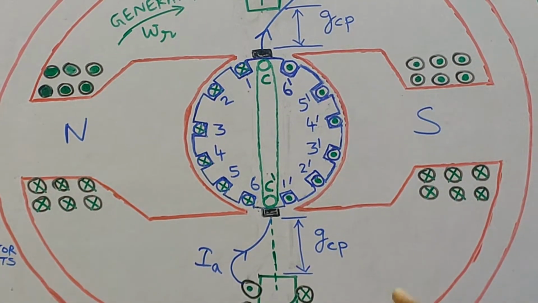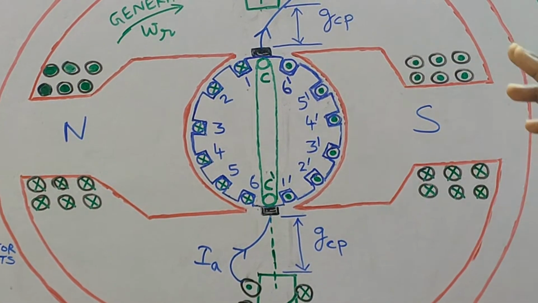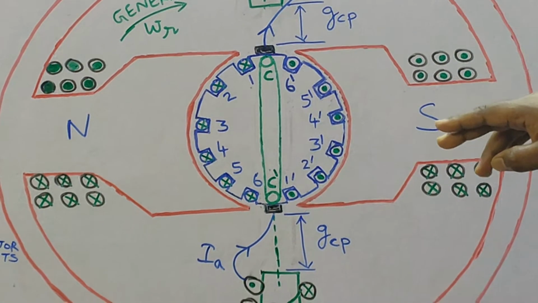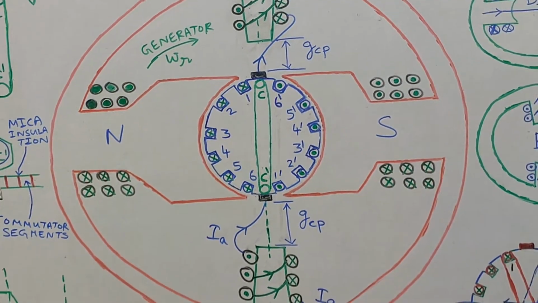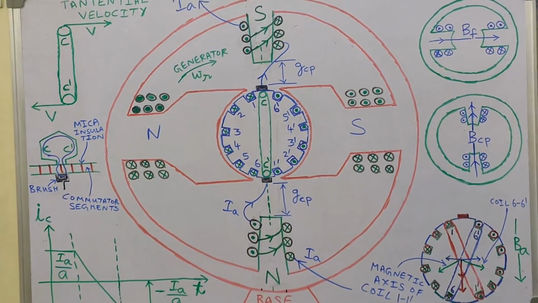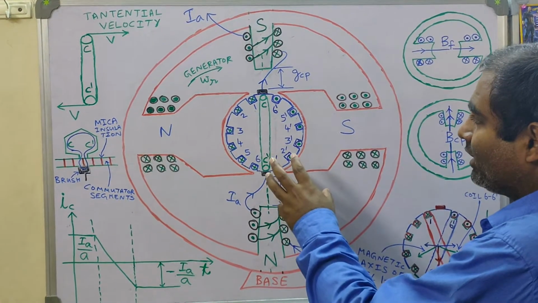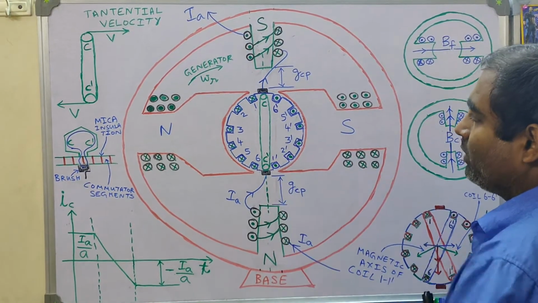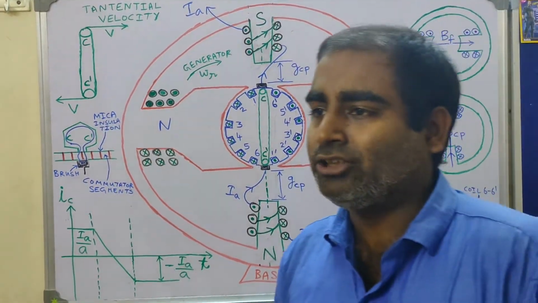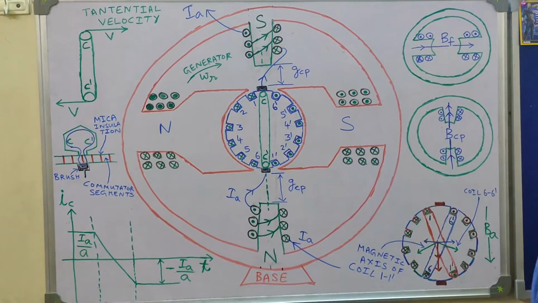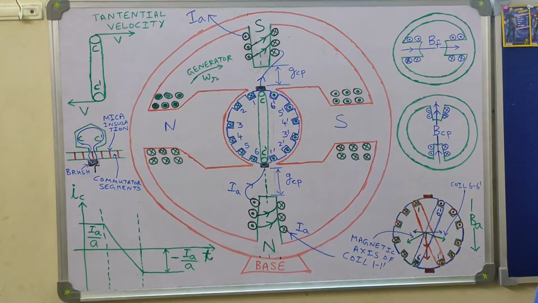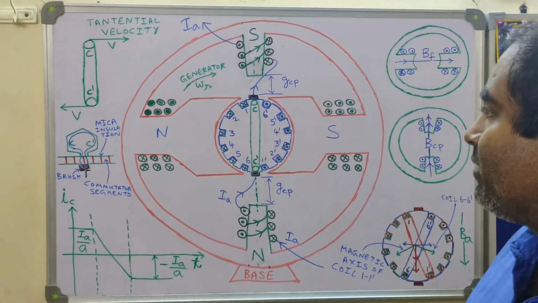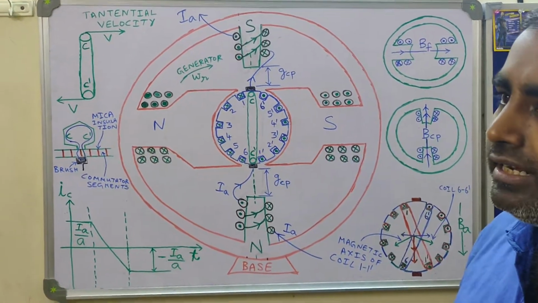Whatever analysis we make for this single layer winding will also be applicable for double layer winding. Just to make sure the diagram does not get clumsy, I have taken single layer winding, but in actual practice, in most DC machines the winding employed in the armature core is double layer winding.